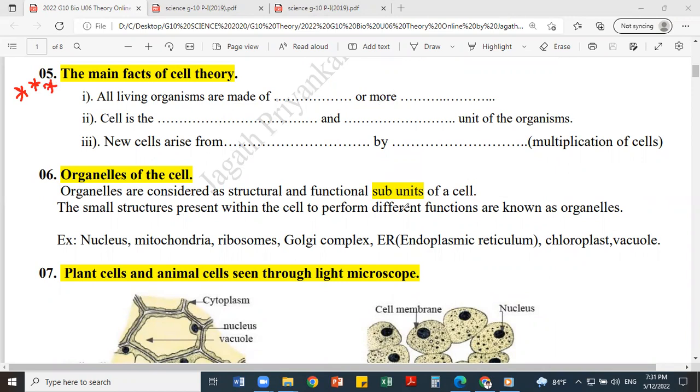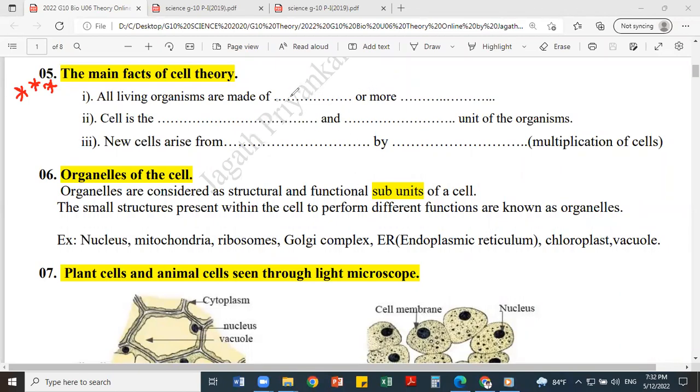Number 1, the first one I have given: all the living organisms are made of one or more cells. All the living organisms are made of a single cell or multiple cells. In other words, if it is made of one cell, unicellular. If it is more than one cell, we call them multicellular organisms.